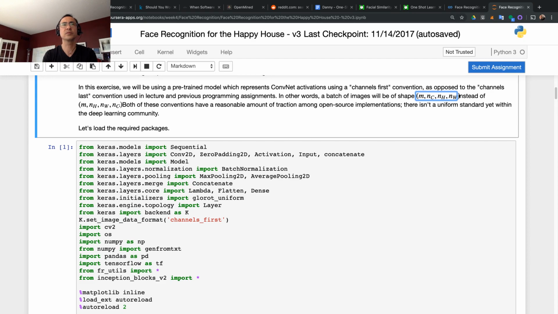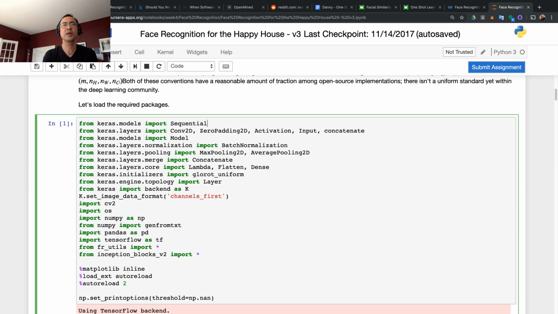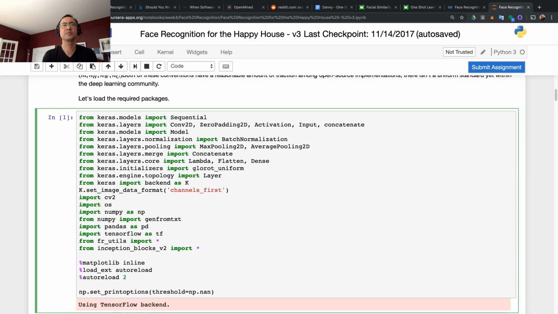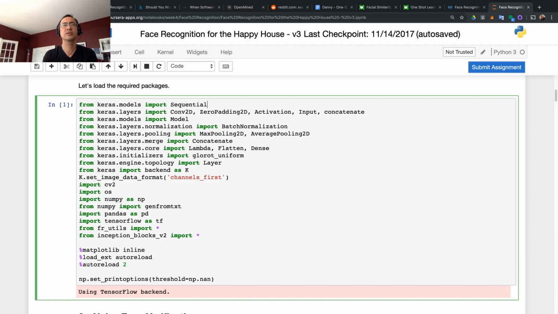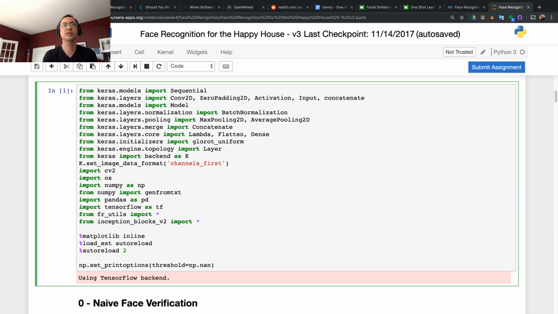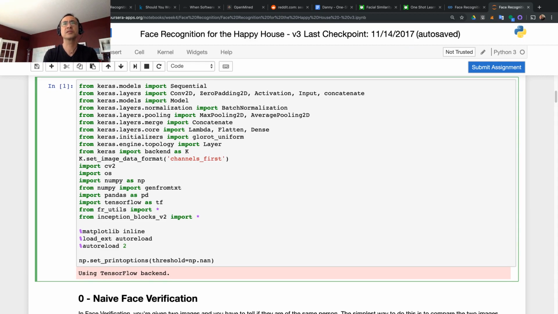Okay, so now we have to load the required packages. You're importing the Sequential library, Conv2D, ZeroPadding, Activation, Input, Concatenate, Model, BatchNormalization, MaxPooling2D, AveragePooling, Concatenate, Lambda, Flatten, Dense, initializers, Layer, the Keras backend, and setting the image data format to channels first.